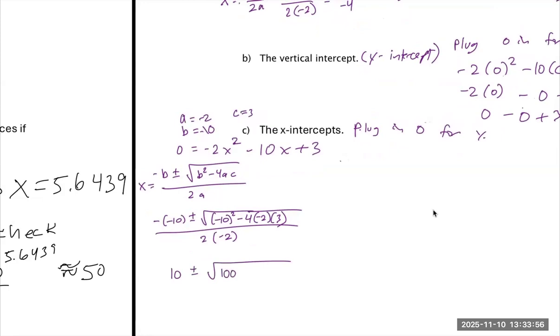You have to make sure to put the negative in parentheses like that when you're calculating this. And then I know I'm going to have a negative times a negative, so that'll be a positive. So it'll be 4 times 2 times 3, positive 24. All over 2 times -2 would be -4. So this simplifies to 10 plus or minus the square root of 124 over -4.